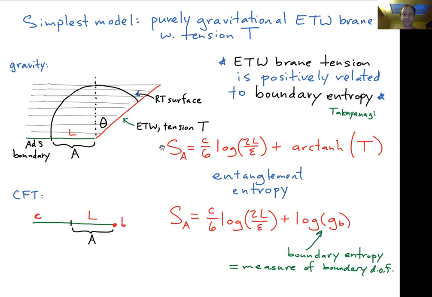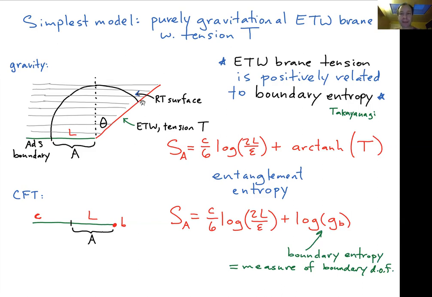And then on the gravity side, if you calculate the entanglement entropy using the standard holographic prescription, the Ryu-Takayanagi formula, you have an RT surface that extends into the bulk, and the minimal area surface typically ends on the brane like that.